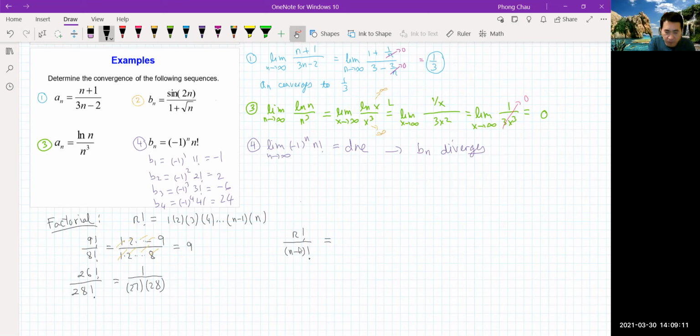So when that happens, this is really 1 times 2 times 3 all the way times n minus 1 times n. The denominator is 1 times 2 times 3 all the way times n minus 1. Right? So you can see that cancels, and the n is left.